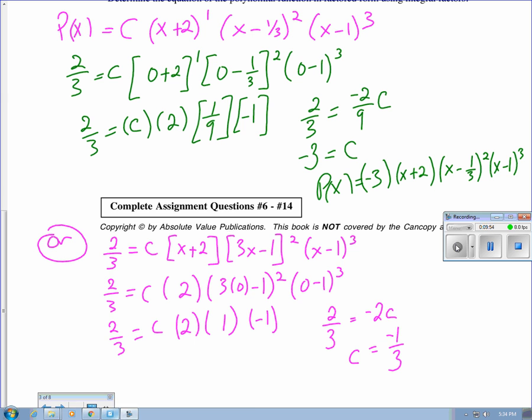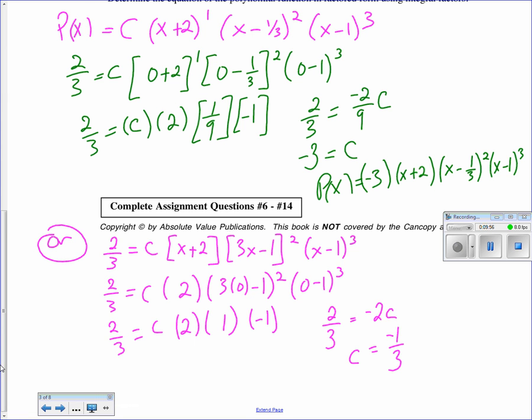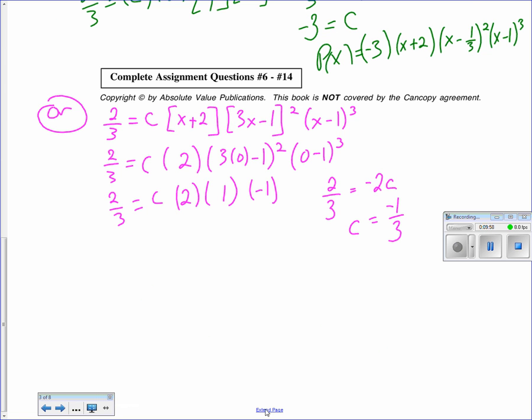And that different looking answer needs a little bit of explanation. We've struggled with that a little bit. So P at x is equal to negative 1/3 times x plus 2 times 3x minus 1 squared times x minus 1 cubed. But was my answer similar or the same?